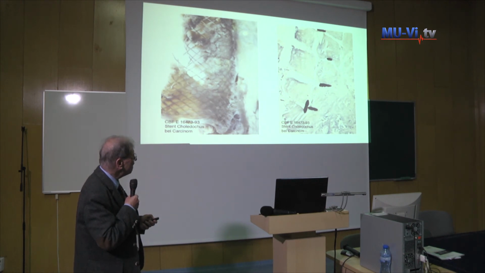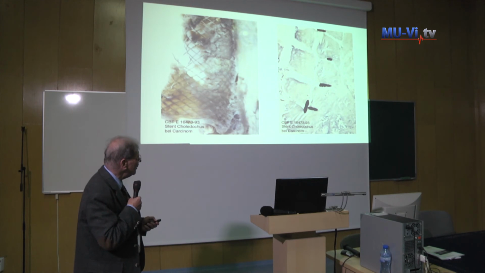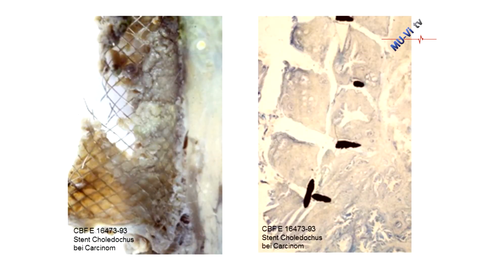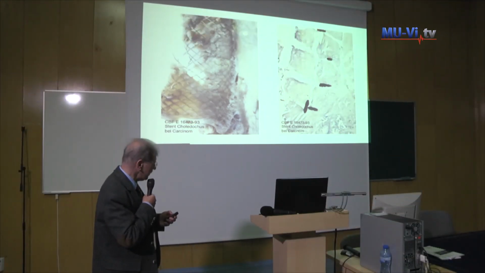And for example, here you have also additional damage of the tissue, in this case of the tumor, after implantation of the stent in the choledochus. Here you see the carcinoma that expanded from the pancreas.